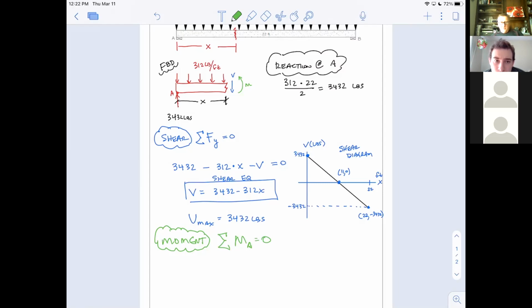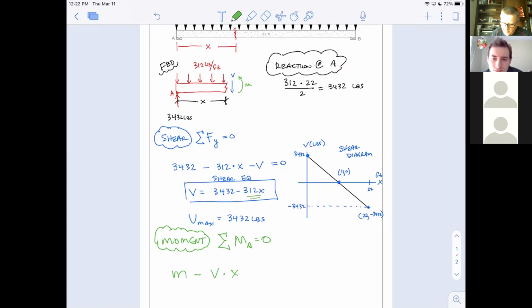So what are those moments? Well, I've got M, which the way I drew it is counterclockwise, so that's positive. And then I've got V going down a distance of X in. And remember, these are weights, like that 312X was the weight.